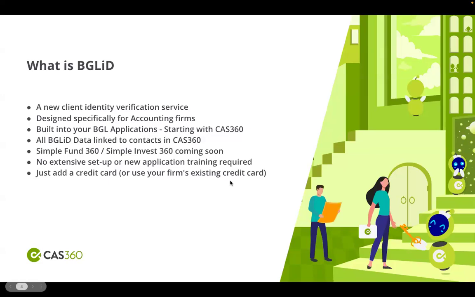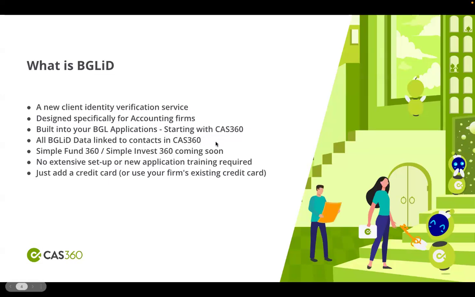And BGLiD is actually built into your BGL applications. It's built into CAS 360. It is a separate application built by BGL, but you can access it directly within CAS 360. So you don't need to access or install another software application just for this. It's all connected into CAS 360.